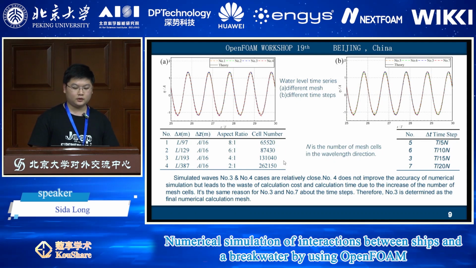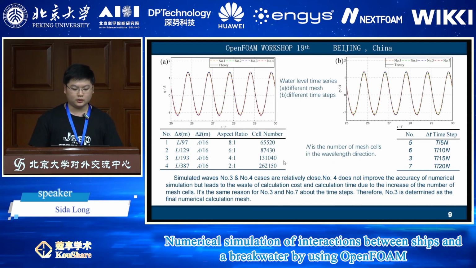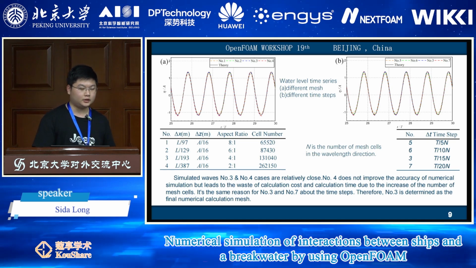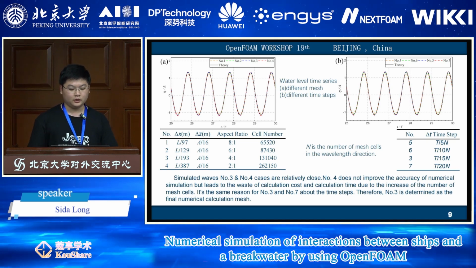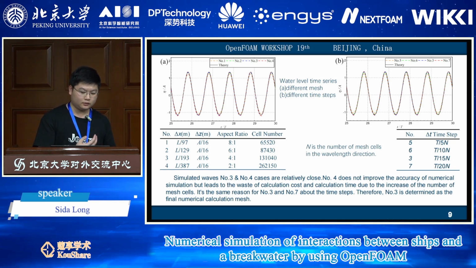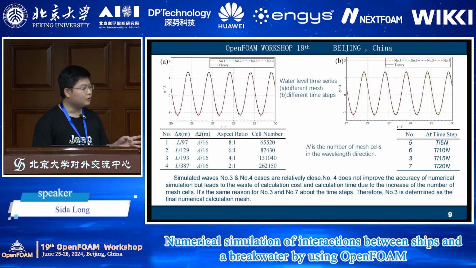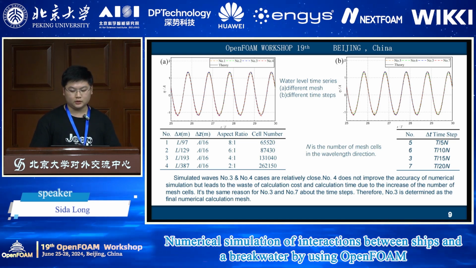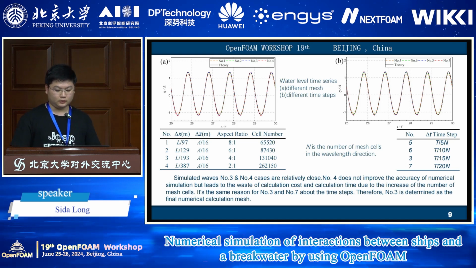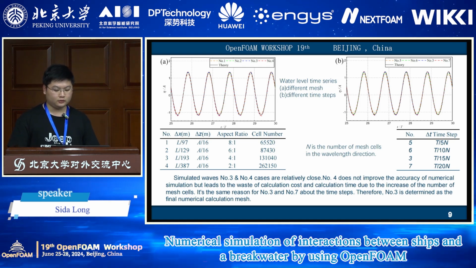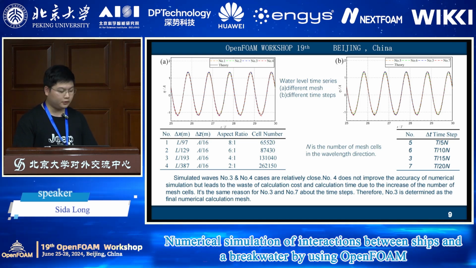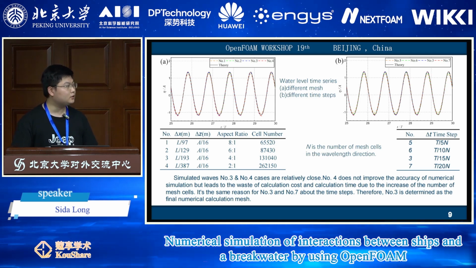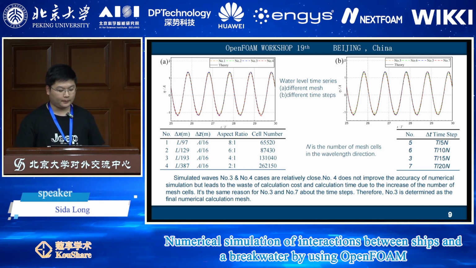And these two figures are the wave level time series of the different meshes and the different time steps. We set 4 different meshes in this table, and 4 different time steps in the right table. In the right table, T is the wave period, and N is the number of mesh cells in the wavelength direction.